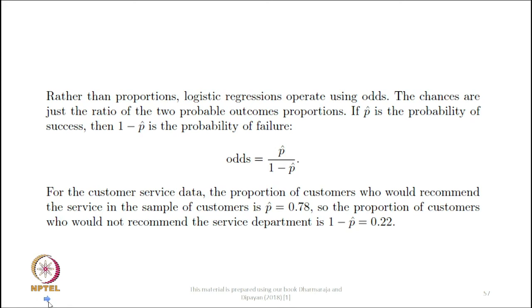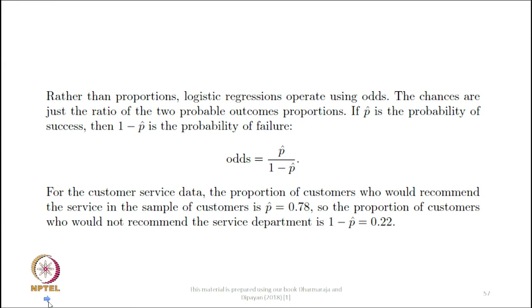So, rather than proportions, logistic regression operates using odds. The chances are just the ratio of the two probable outcomes' proportions. If p cap is the probability of success, then 1 minus p cap is the probability of failure.